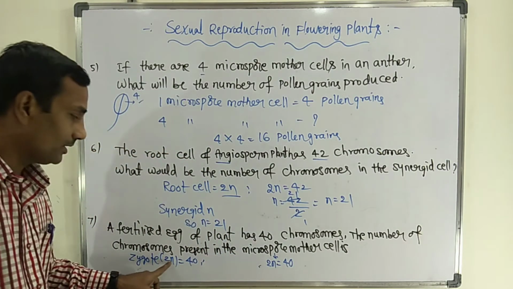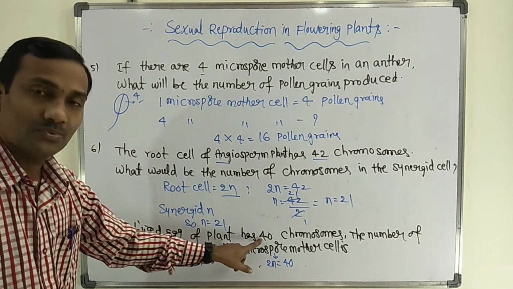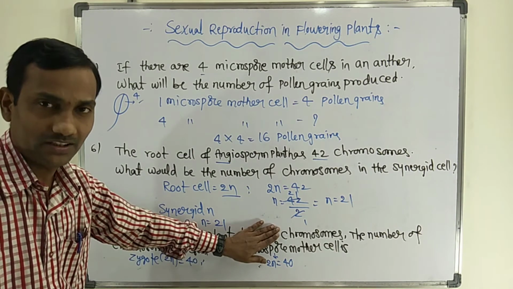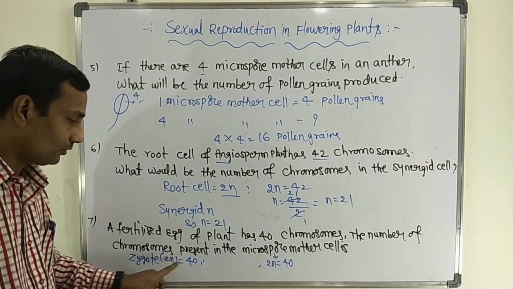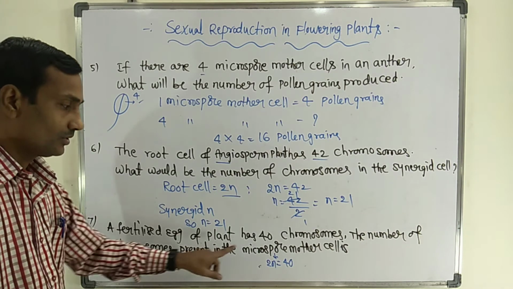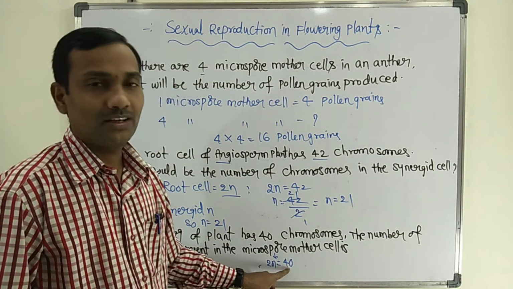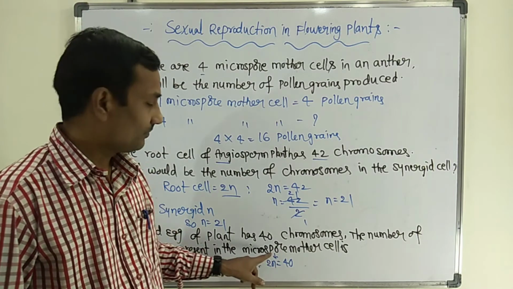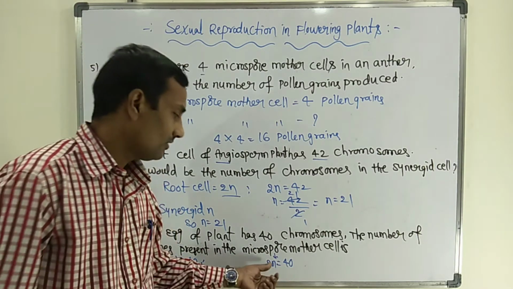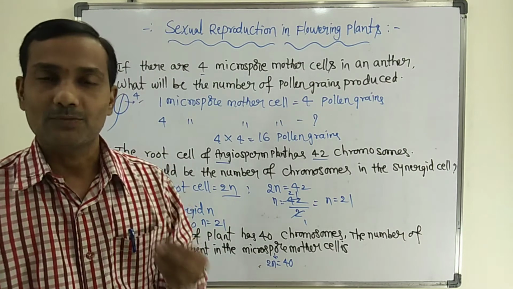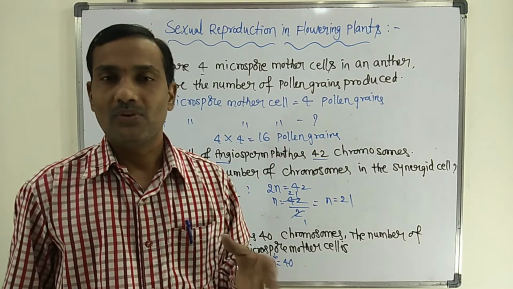The zygote is diploid, 2n, with 40 chromosomes, as given in the question. So the microspore mother cell also has 2n equal to 40 chromosomes. The megaspore mother cell also has 40 chromosomes.